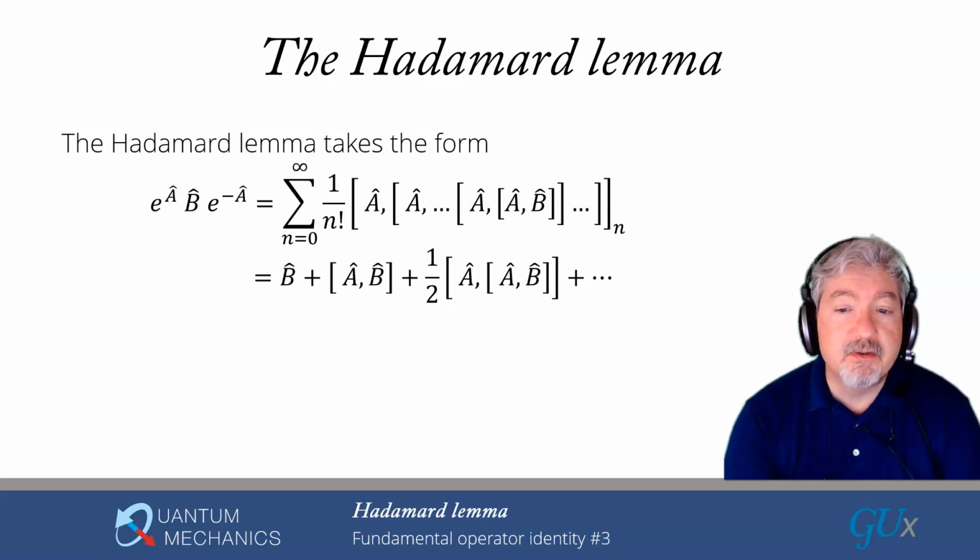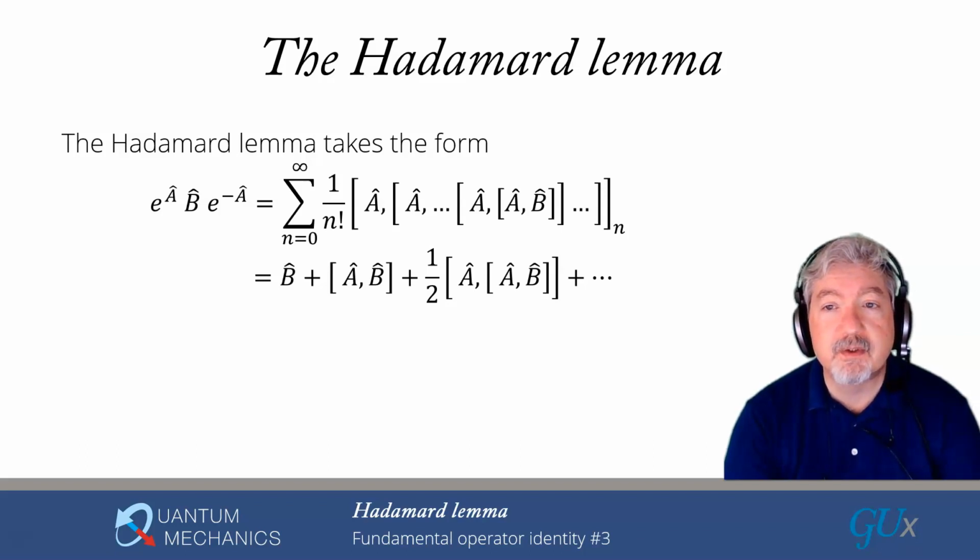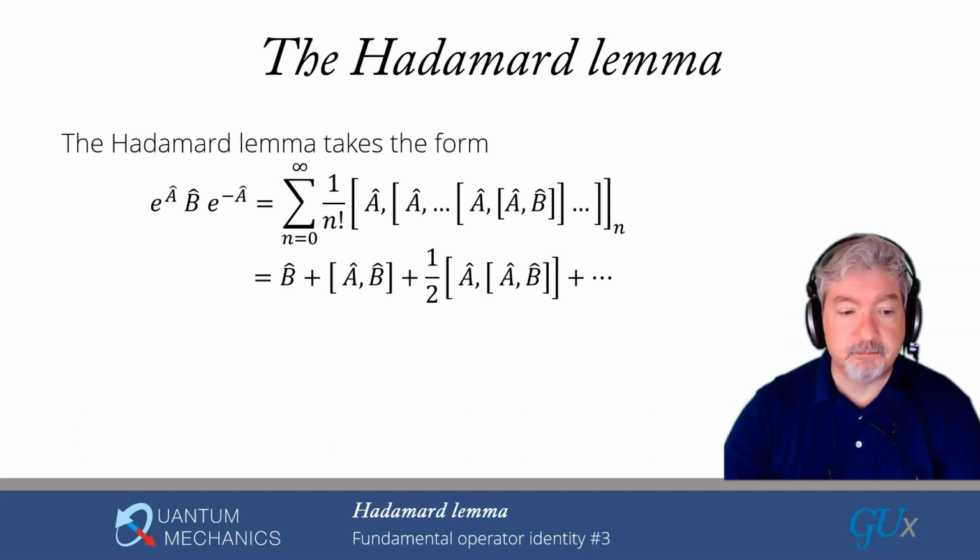But then the fourth term would be a 1 over 3 factorial, and it would have this 3-fold nested commutator with a commutator of A with a commutator of A with a commutator of A with B. And so you can see it does get complicated pretty quickly.